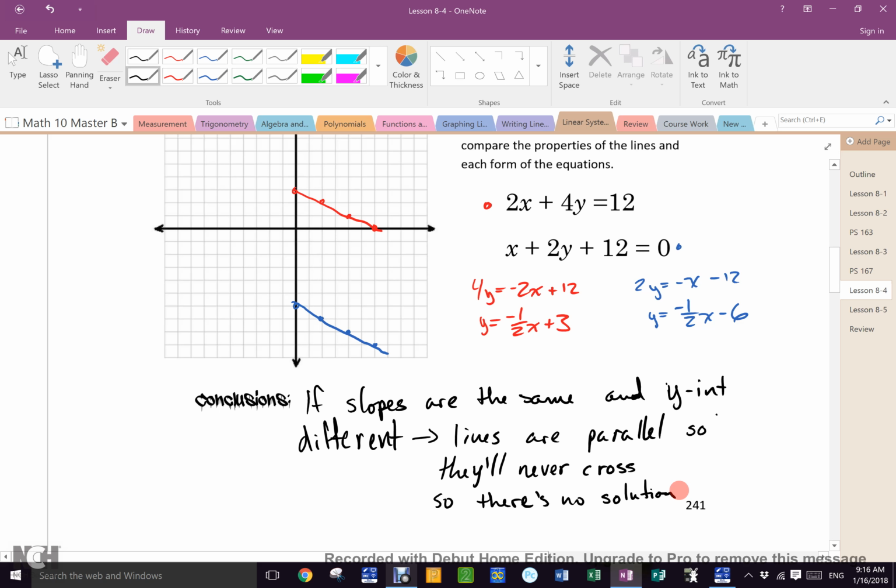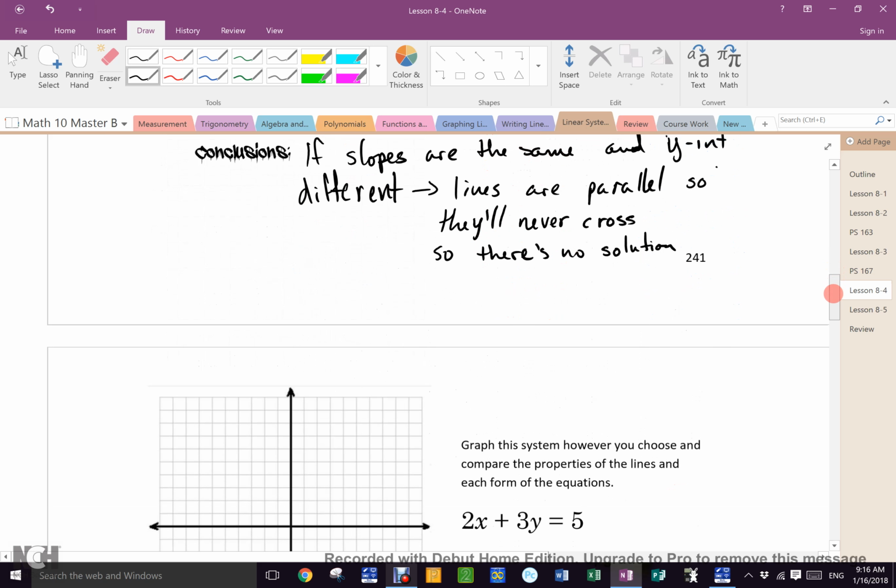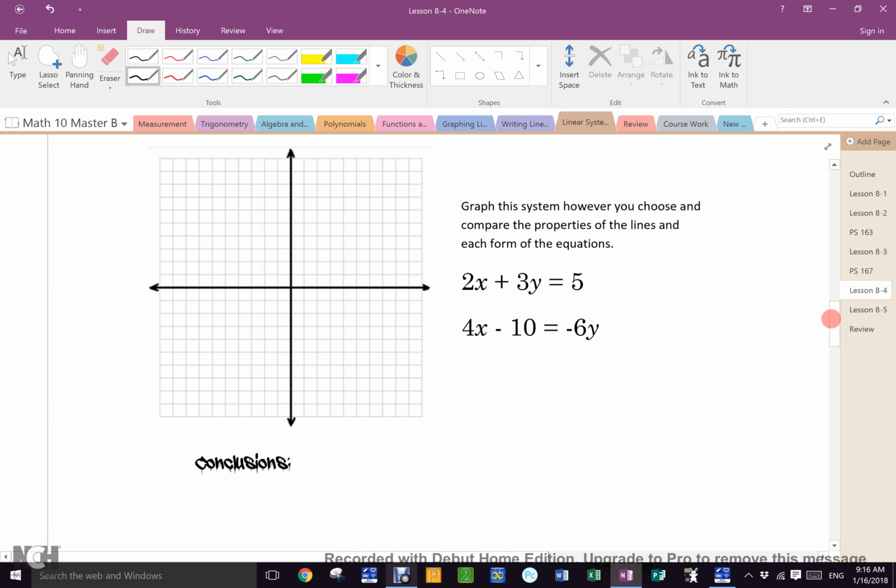Okay. Now turn the page over and do the third one, because there's only one other option. You guys should look at that. Set it up. Red line. Then the blue line.